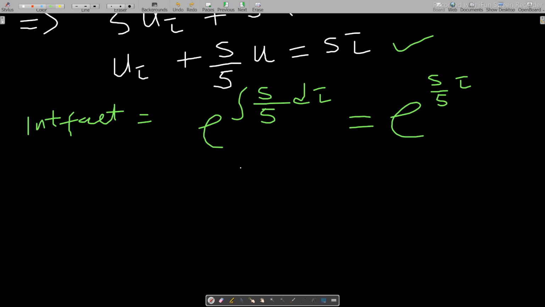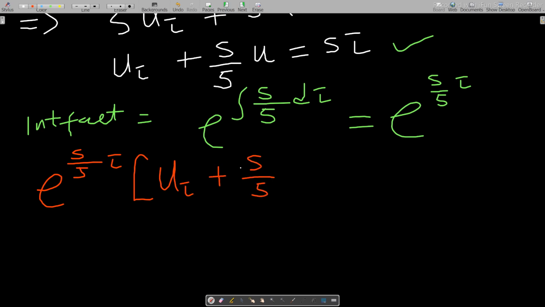Now after that, you multiply your integrating factor through the whole ODE. So you get e to the power s over 5 tau into u tau plus s over 5 u equals, multiplying it to this side as well, s over 5 tau then s tau.